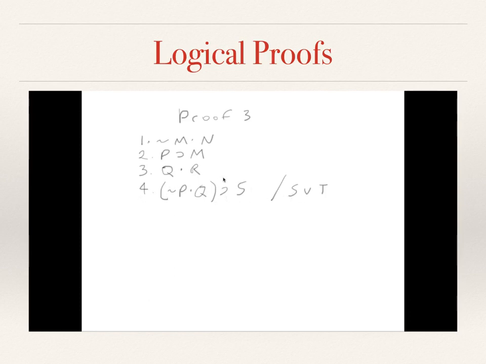And how can we get S or T? Well, the reason we can't do constructive dilemma is because we don't have all the things we need here. One of the things we don't have, for instance, is T anywhere in the premises. But as we know from addition, we can add anything we want, as long as it doesn't contradict something that's already there.